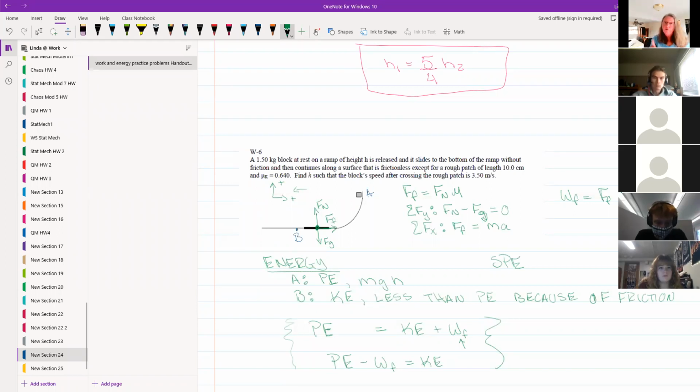If I have one force, that means the acceleration is in the direction of that one force. So from here I get the force normal equals the force of gravity. So my force of friction is mu times mg from the force normal equals MA, or that mu g equals a.